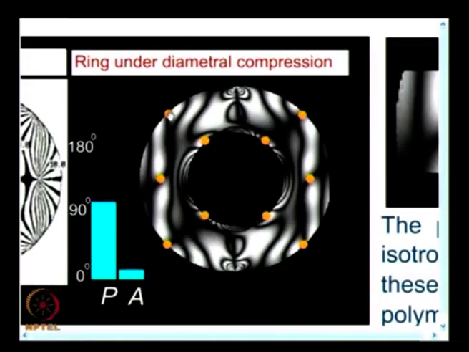And in fact, I had given you this as a home exercise where the circular disc is so special. I said the isoclinic will meet the boundary at what angle. So, at each point on the boundary you will have one fixed isoclinic meeting, whereas in an isotropic point all isoclinics pass through.